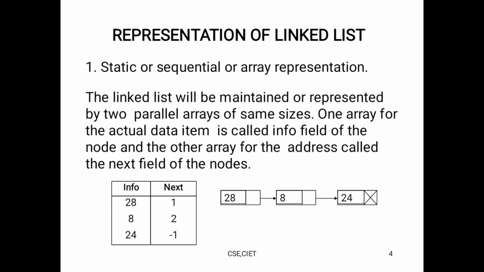One array is for the actual data items, called the information field of the node, and the other array is for the address, called the next field of the nodes. So here it maintains two parallel arrays of the same size, one for the information field and another for the next field of the node.